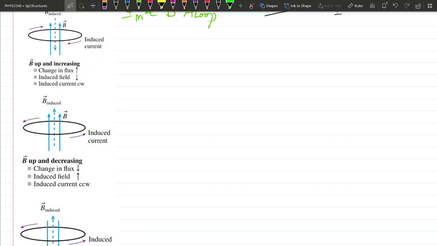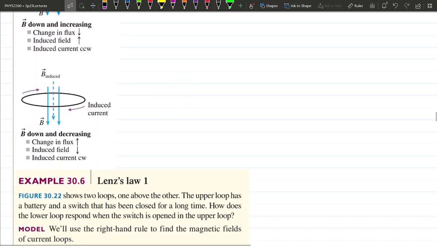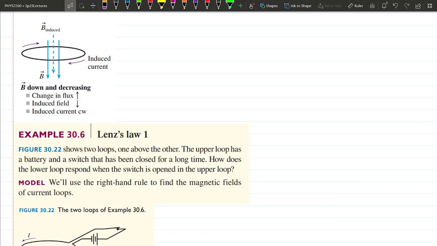That's the idea of Lenz's law: it's going to try to keep the magnetic flux the same in a steady state. Whatever direction the current is going, it's going to try to offset that change. It's going to be trying to slow down the change. It's kind of like a drag. Let's not go through the downward ones because it's very similar except just opposite directions.